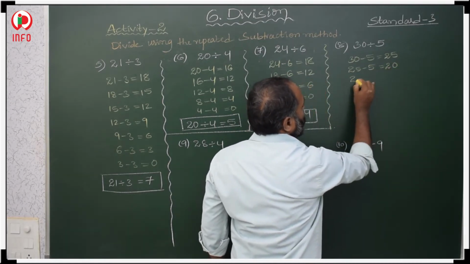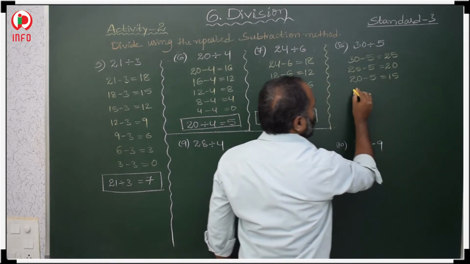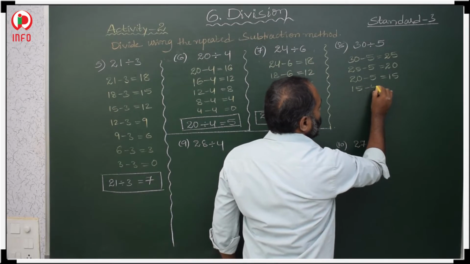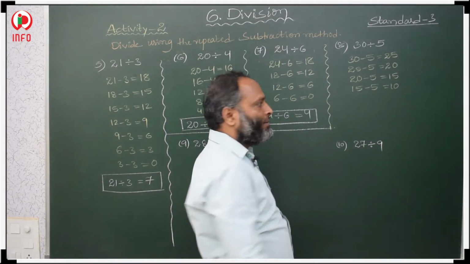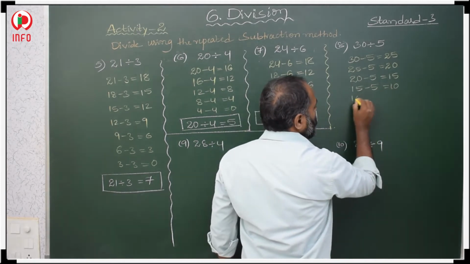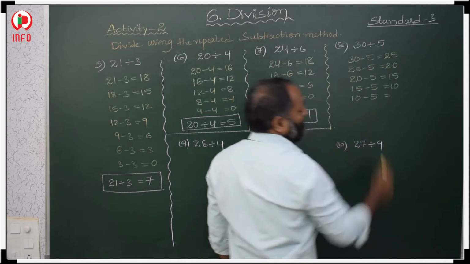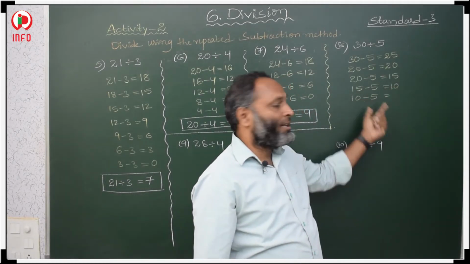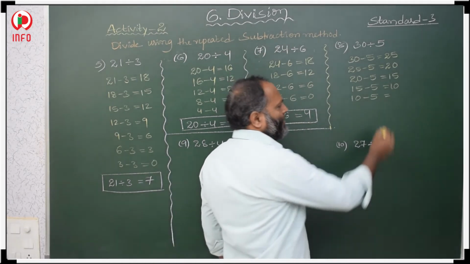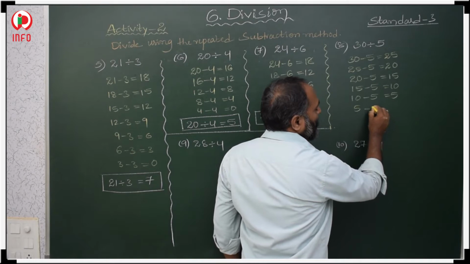Again this remainder with the divisor, that is 15. 15 minus 5 is 10. Then remainder minus divisor, 10 minus 5 is 5. Then remainder, 5 minus divisor.